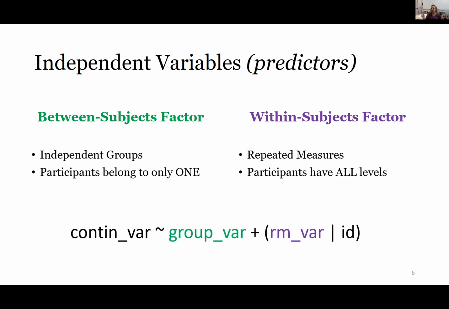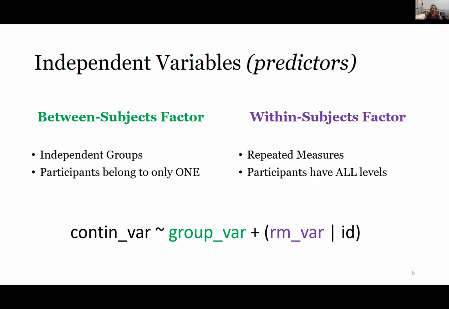Okay, so down here at the bottom of the slide, I've thrown up the formula. Usually when we write our formula, we put the continuous variable first, tilde, and then first comes the grouping variable name, and then inside the parentheses is the repeated measure name. Now before, we only had one of those 2. We either had the grouping variable outside the parentheses or the repeated measure inside the parentheses.